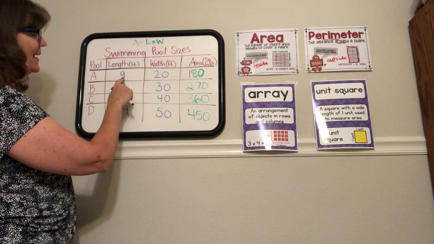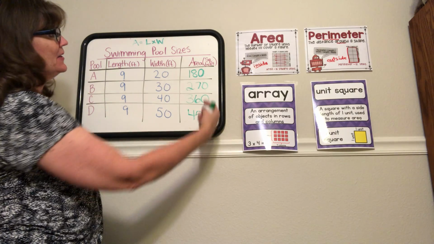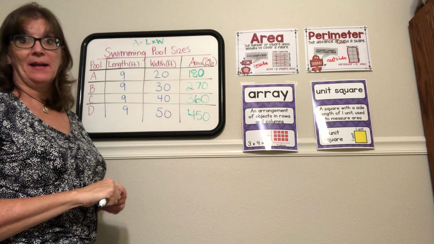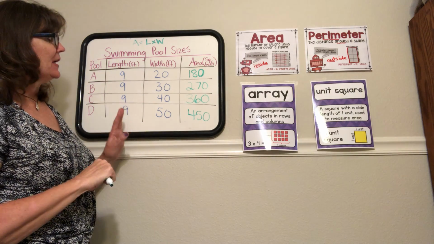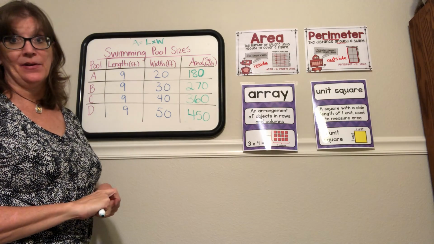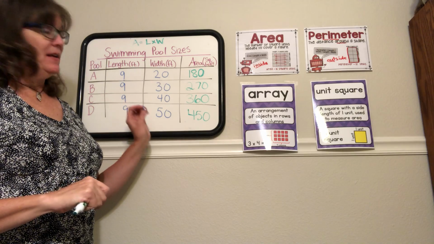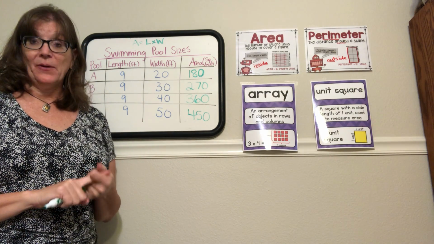So if I multiply 9 times 10, the increase is 90. So the area is increasing by 90. So you will be looking at a number of different tables and trying to find the pattern. Okay? So just really focus on the patterns and what you notice about the patterns.